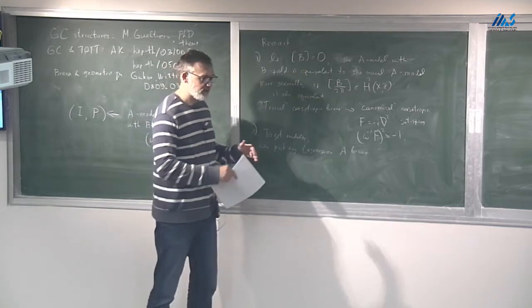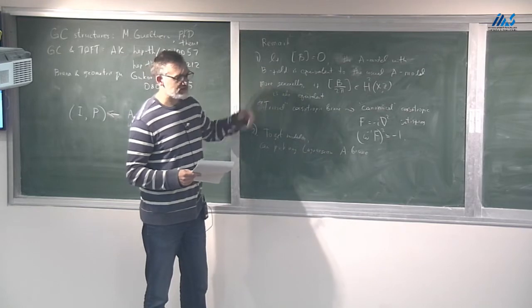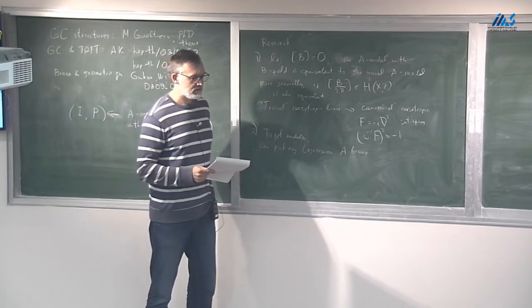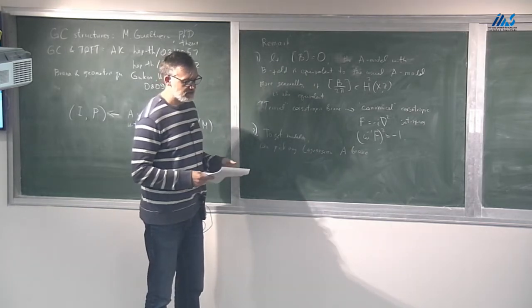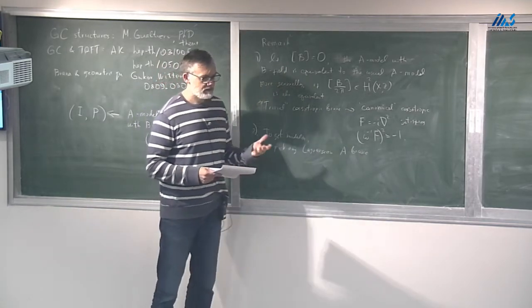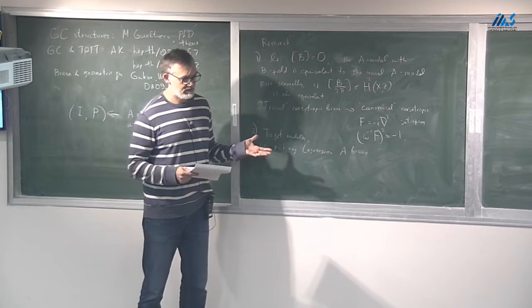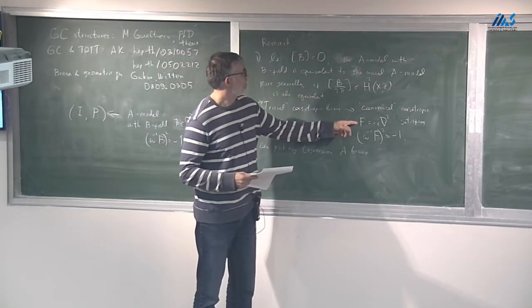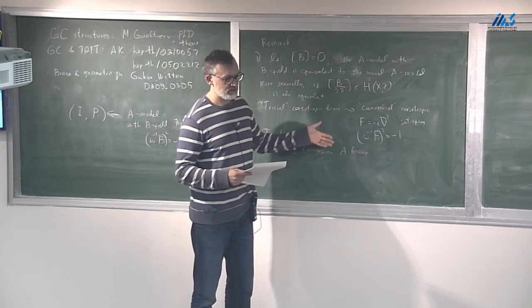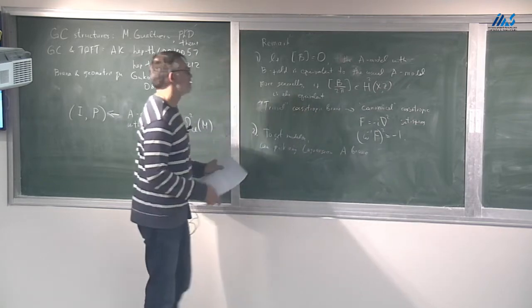Sorry, it's a Lagrangian submanifold on which B restricts trivially. Or if you use this formulation, then you just have the usual Lagrangian submanifold. There's no B.